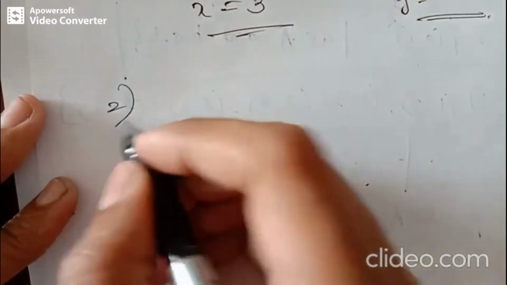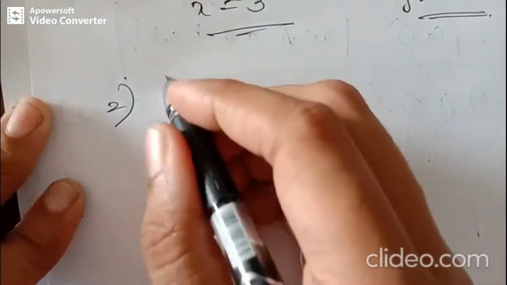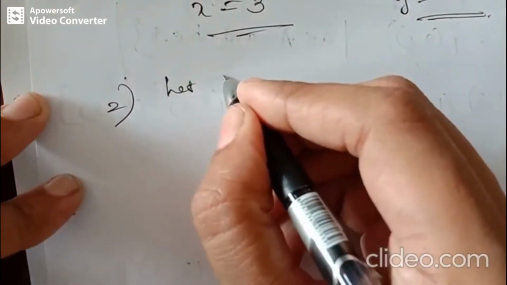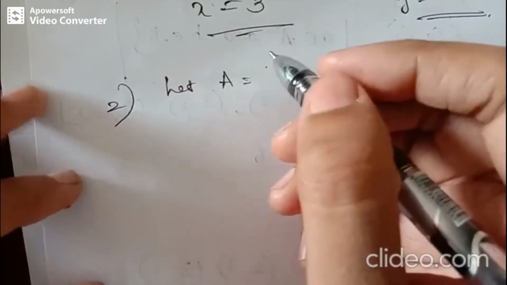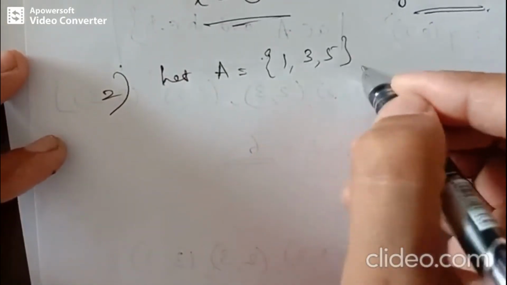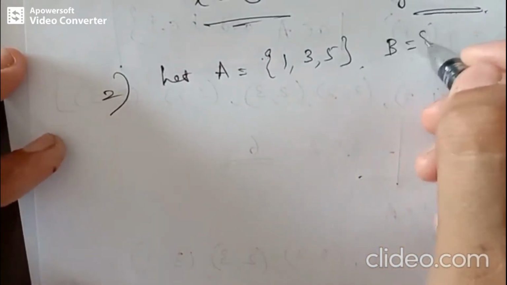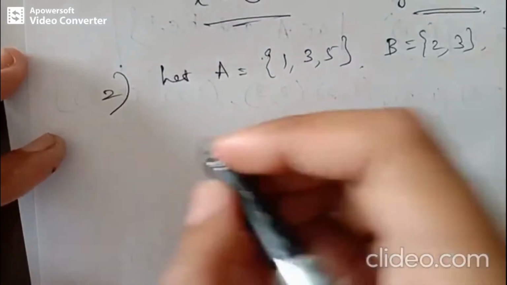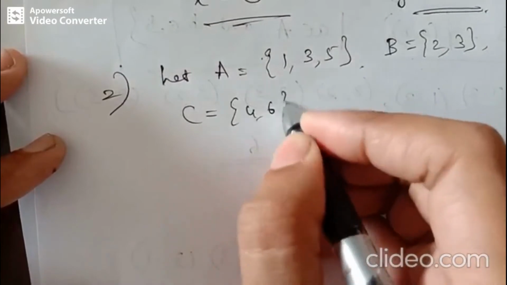In the next question, you may be given like this. Let A be the set {1, 3, 5}, B be the set {2, 3} and C be the set {4, 6}.